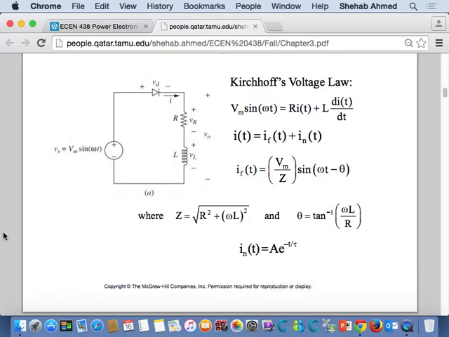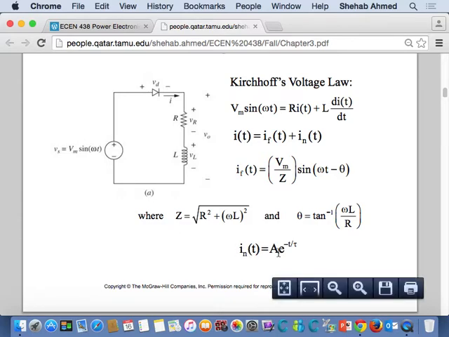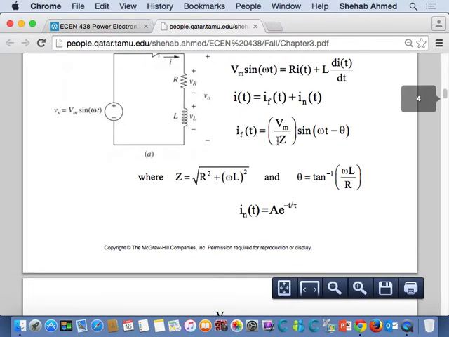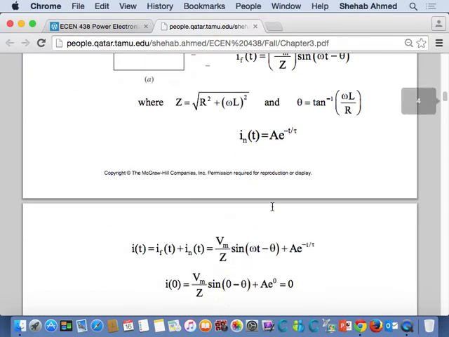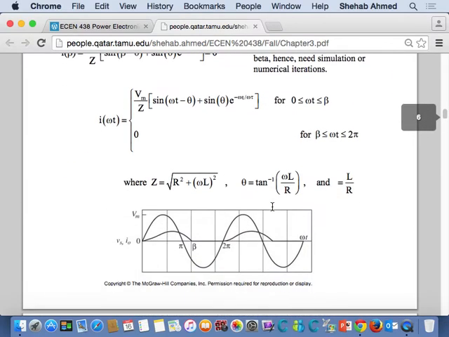So for example, initially I know that the current is 0. If the current is 0, then I take this natural response and plug it into my equation for current. So I add the forced component and the natural component. So I have a big equation for current that has an unknown value A. So what do I do next? I look at the waveforms. From the waveforms, I know what?